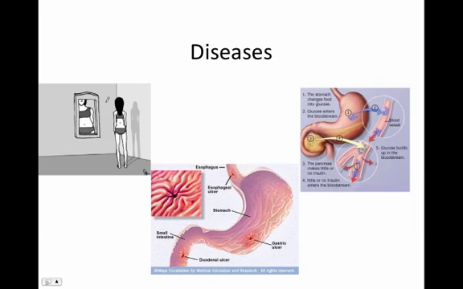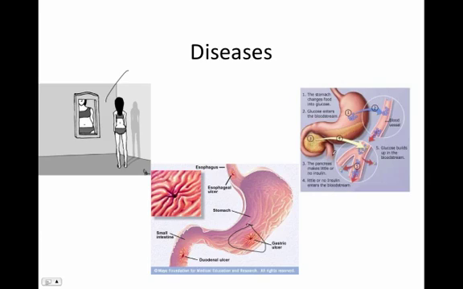A couple diseases. Anorexia, which is what this picture is showing, is a disease of the digestive system. Also, ulcers in our stomach. Stomach ulcers can be caused when the lining of the stomach gets so thin that the acid starts to eat away at the stomach. And this can be caused by stress.